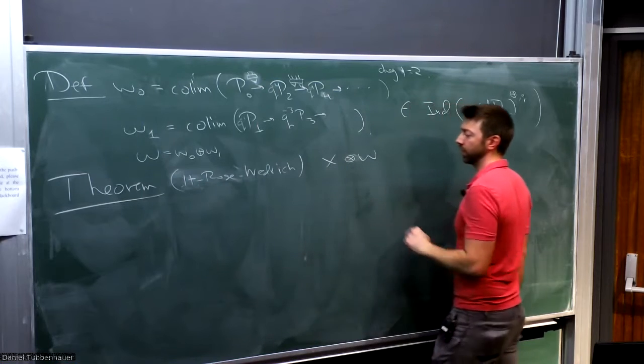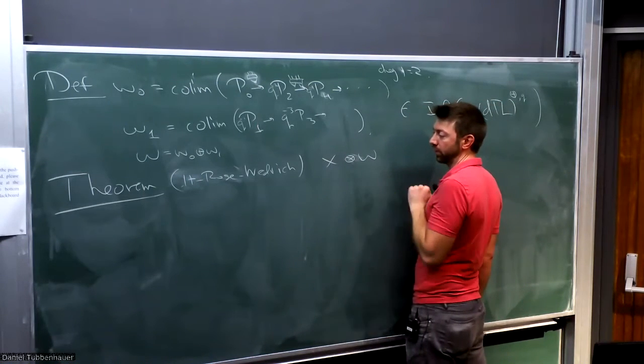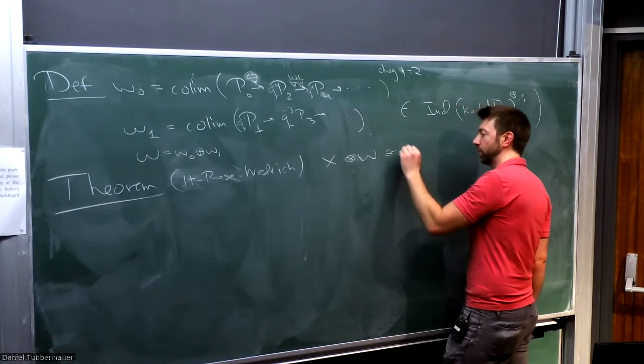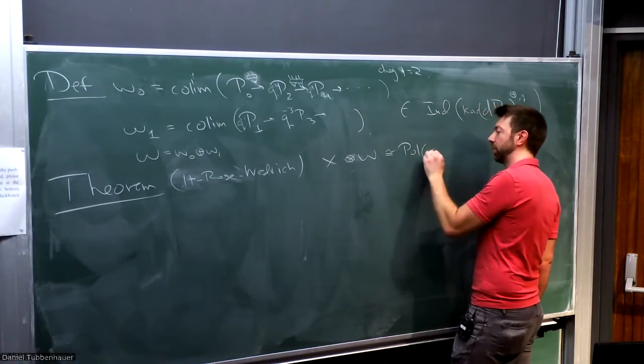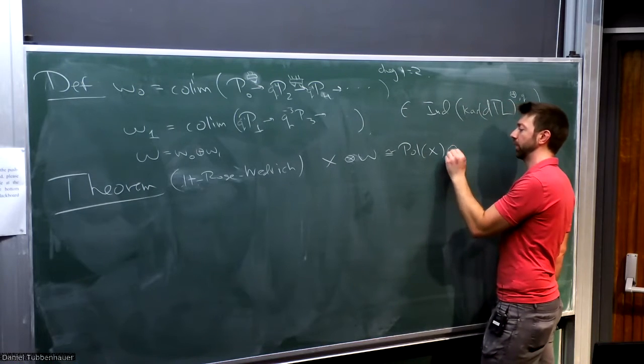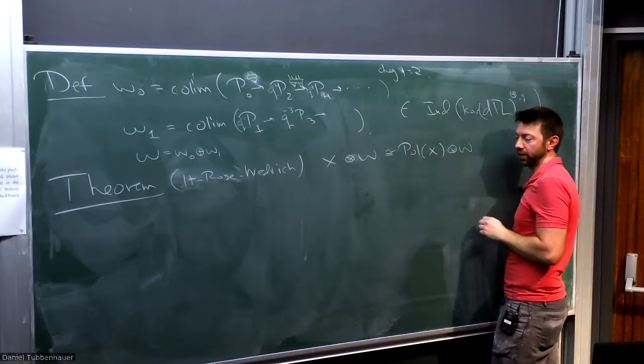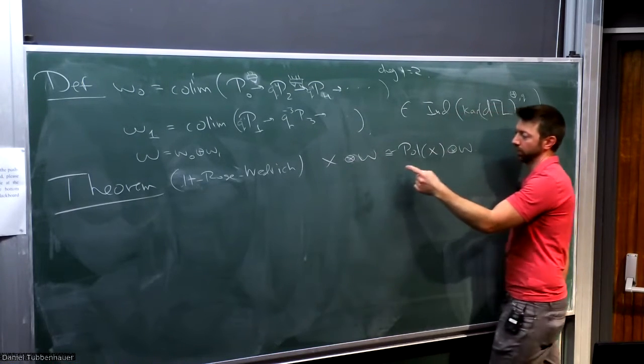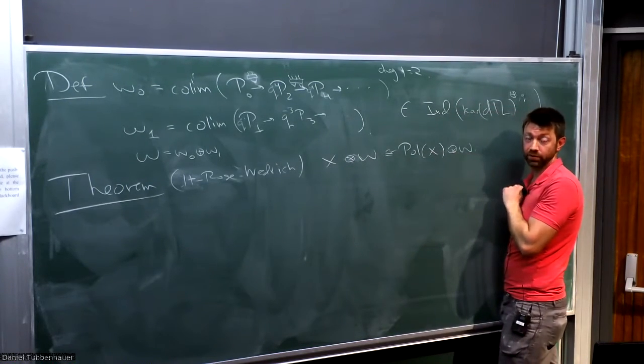If you tensor an object of the dotted Temperley-Lieb category with omega, what you end up with is isomorphic to this thing that I had called Forget. So it's the categorified analog of Kirby color tensor a representation producing a graded dimension.